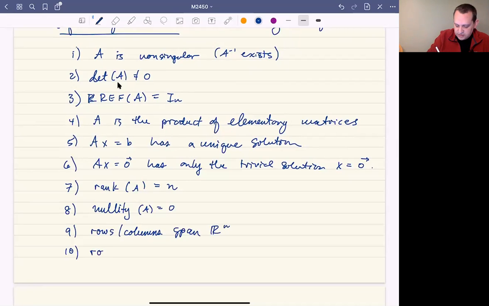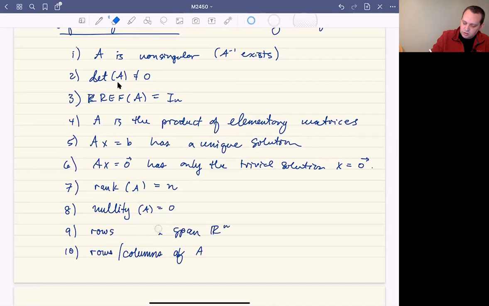But also this tells us that the rows and columns of A, and in fact, let's make this two items. So the rows of A span Rn, the columns of A span Rn.